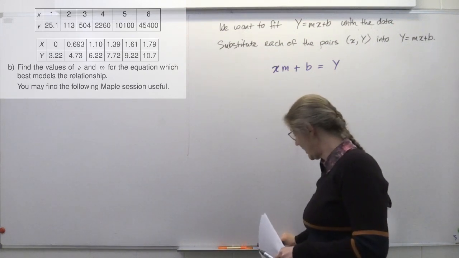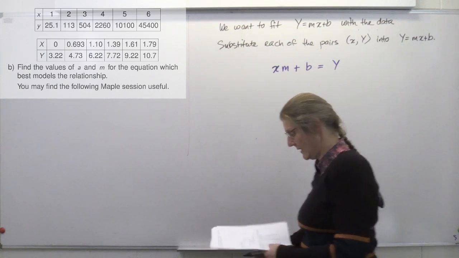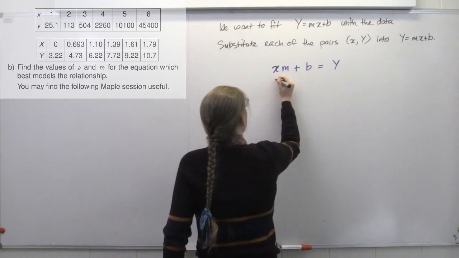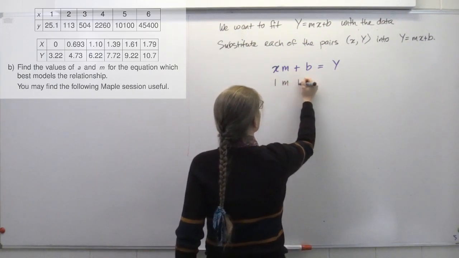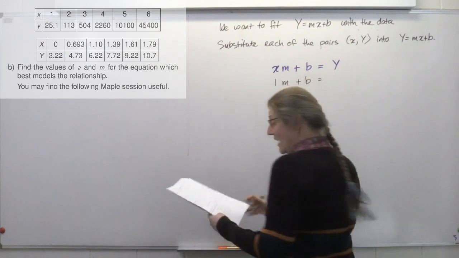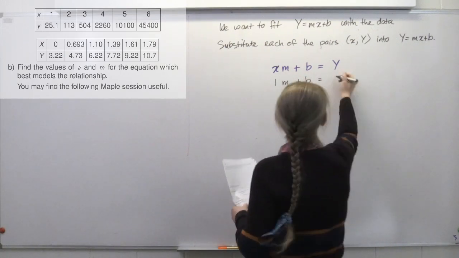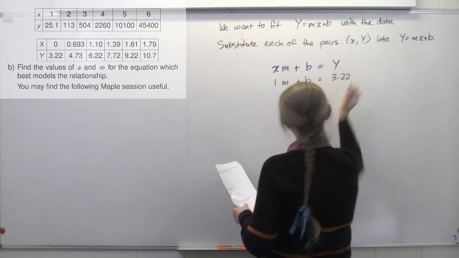All right, so let's do the pairs. We're going to have 1 for x, m plus b is equal to capital Y when little x equals 1, that's 3.22.